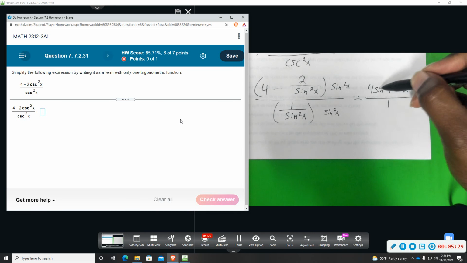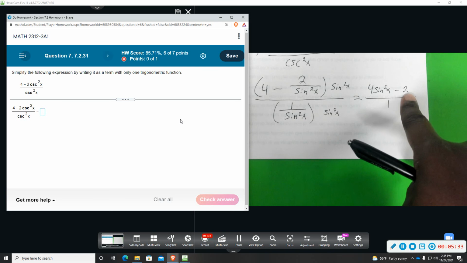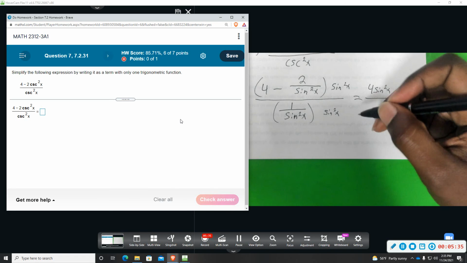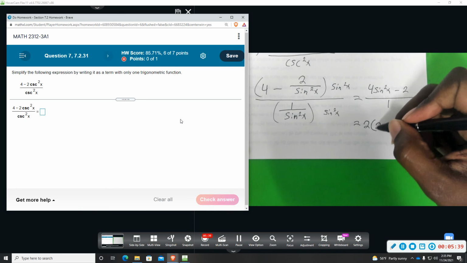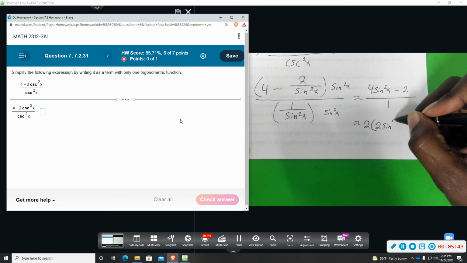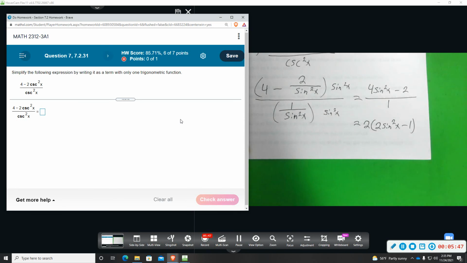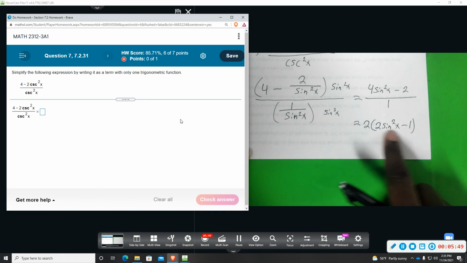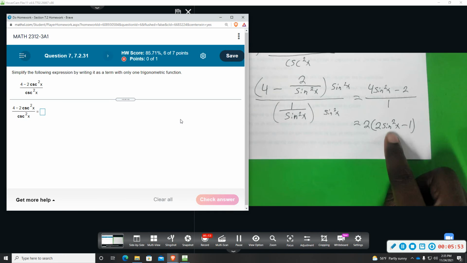So 4 sine squared x minus 2. Alright, what I'm going to do is factor out a 2 from both of these terms. So factor out a 2, and that's going to leave me with 2 sine squared x minus 1.